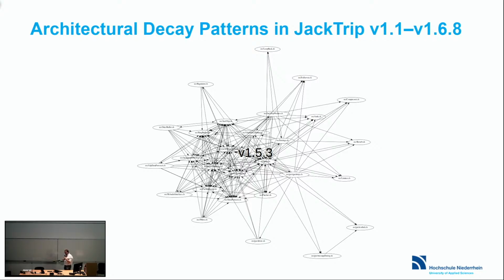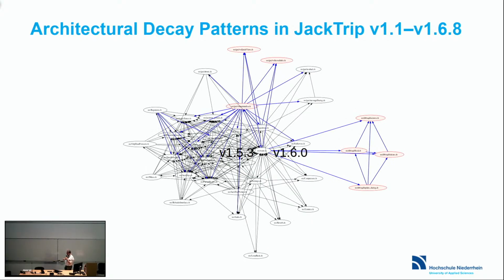We won't go into the details of all the nodes and edges. We just use these visualizations to get an overview of what's happening to the code base from a holistic point of view. While I click through the visualizations, new clusters and introduced dependencies are marked in red and blue.